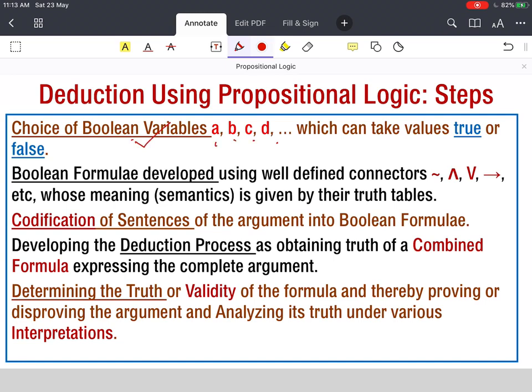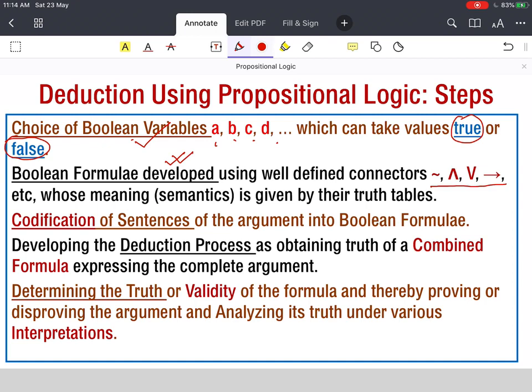First, we choose a set of Boolean variables A, B, C, D, which can take values true or false. So propositional logic only consists of Boolean variables which can take values true and false. Then we form Boolean formulae. How do we form? We shall come to that. And these Boolean formulae are formed based on the Boolean logic operators not, and, or, and implies.